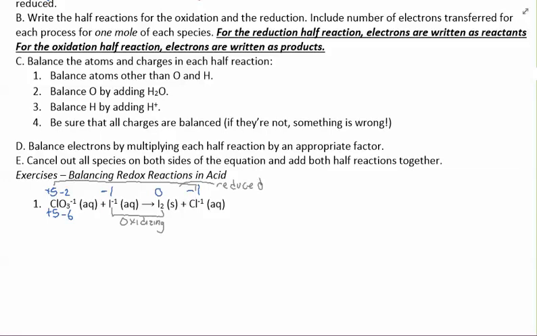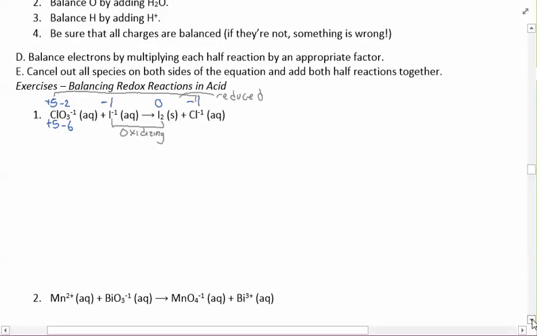The second step is writing out the half reactions. We're going to split this reaction up into 2 separate reactions. So we're going to take the substance that has chlorine. We already kind of connected it together. So let's start with that one. I'll do this one in red. So we're going to take ClO3 -1 to Cl -1.